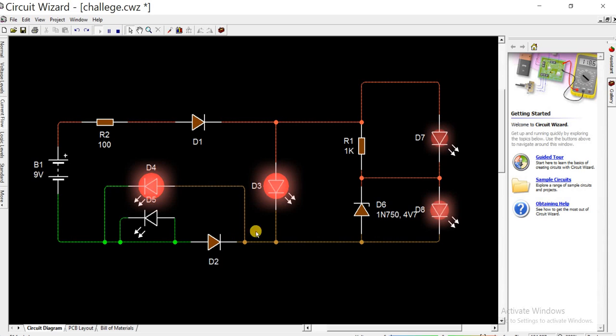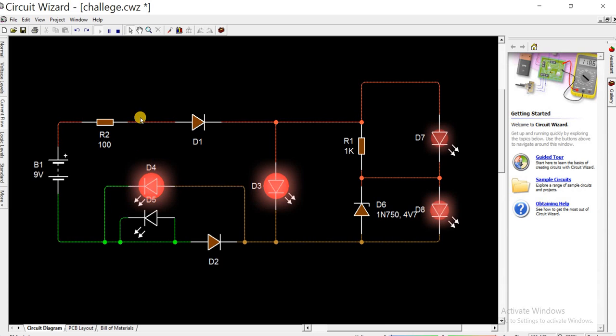It's reverse biased. It is moving through this path, through the LED and back to the negative side. That means if you remove this D4, there won't be a flow of current anymore, because the current cannot pass through this diode because it is reversed.